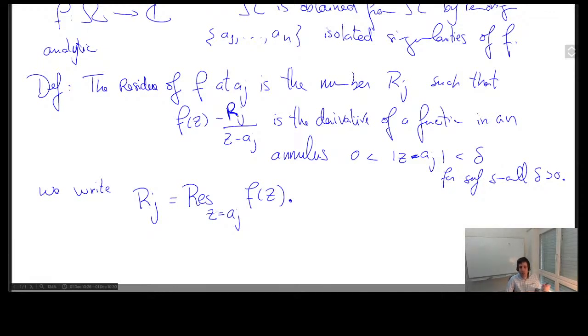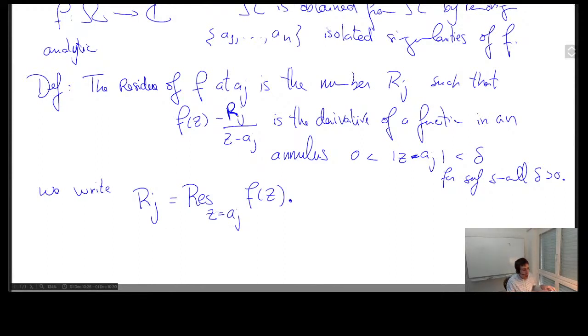Because if the integrals become all 0, then it needs to be the derivative of a function around this annulus, because you can take the integral to define the primitive, as we've done a few times already. But maybe the best way to think of it is, let's say I write f of z as a sum of polynomials, with both positive and negative degrees.